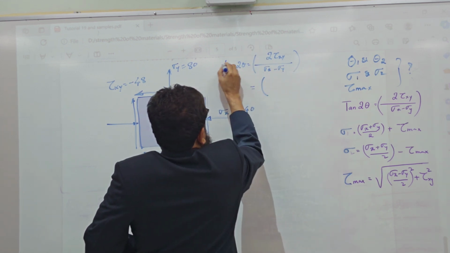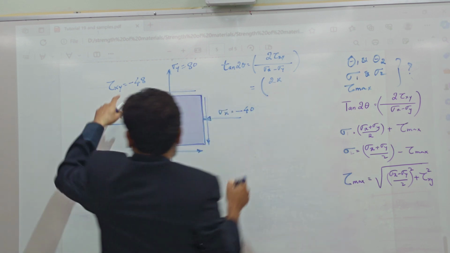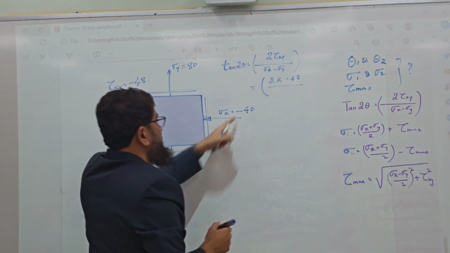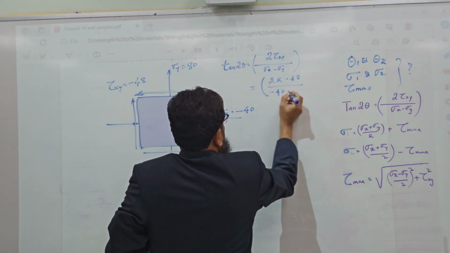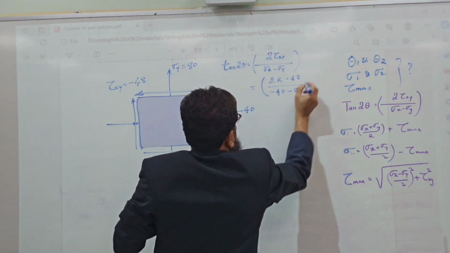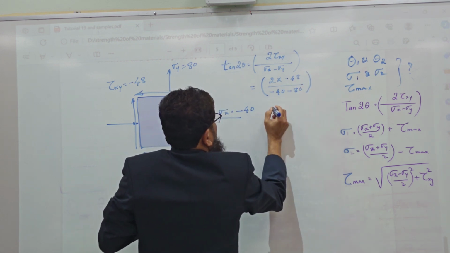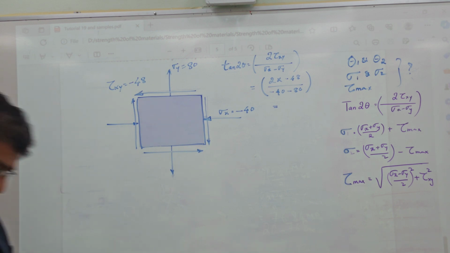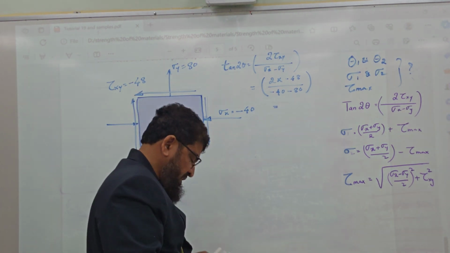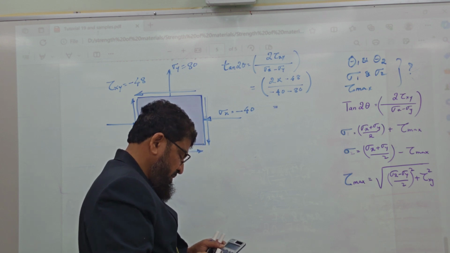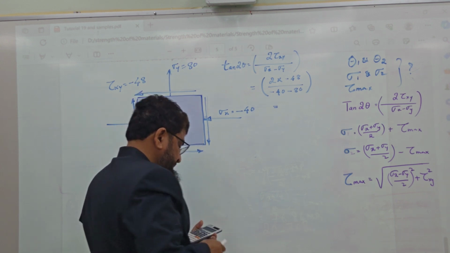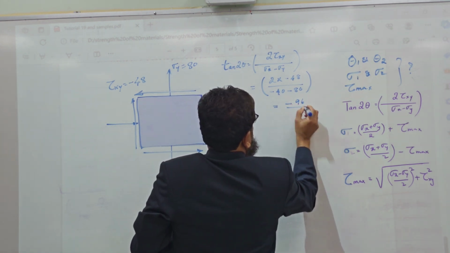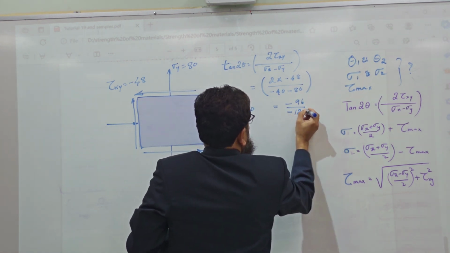2 times tau xy, which is minus 48, divided by sigma x, which is minus 40, minus sigma y, which is 80. So this becomes 2 into 48, which is 96, minus 96 divided by minus 120.